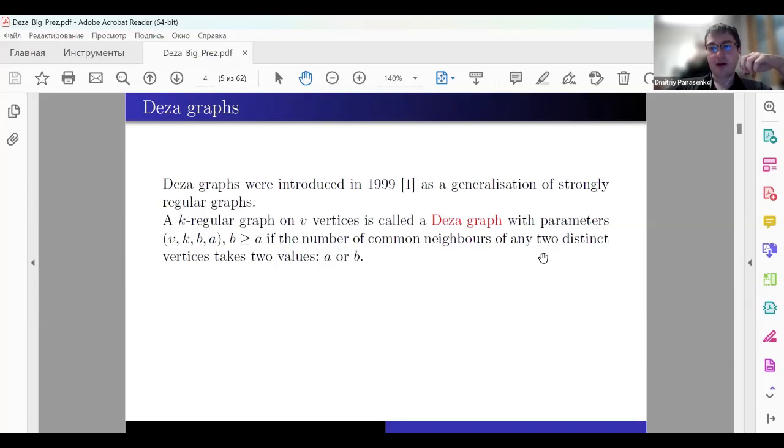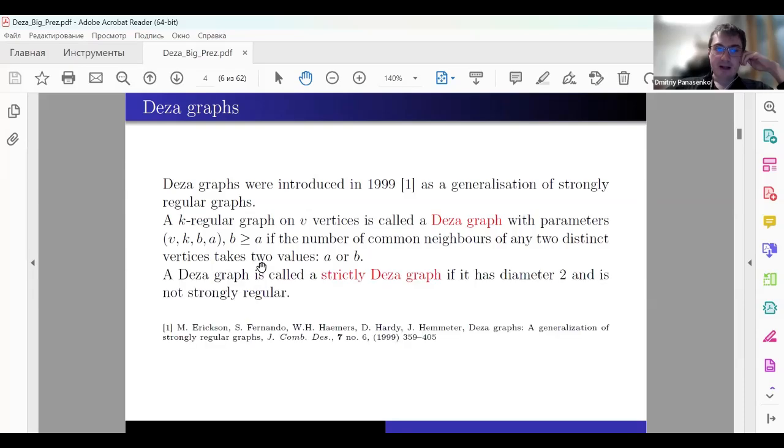So for any pair of vertices, adjacent or not, the number of common neighbors can be either b or a, and we use parameters v, k, b, a, with b greater than or equal to a. Deza graphs with diameter 2 are called strictly Deza graphs.